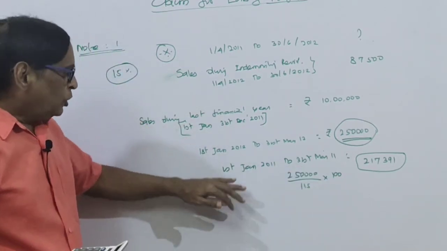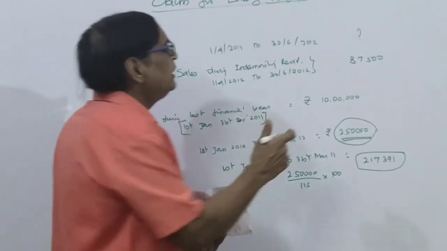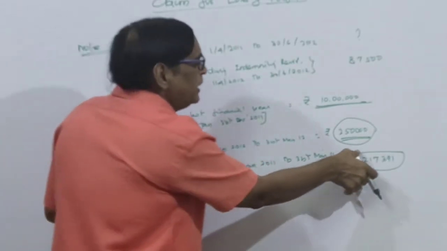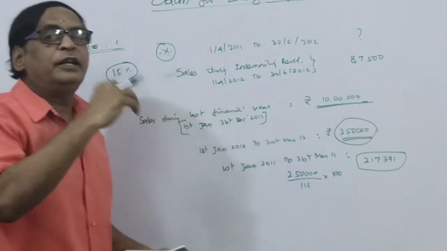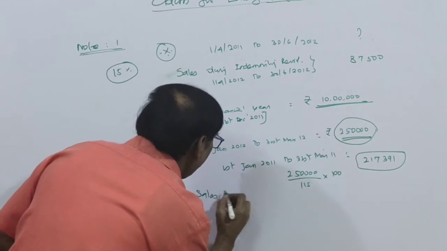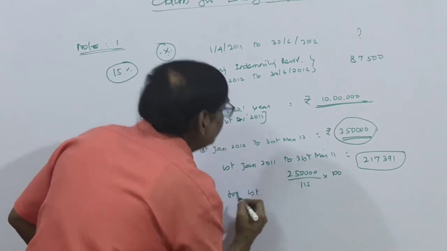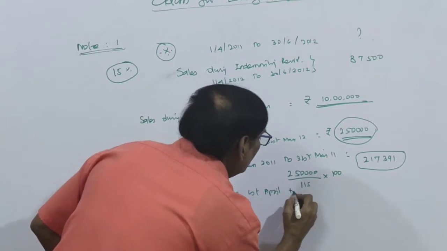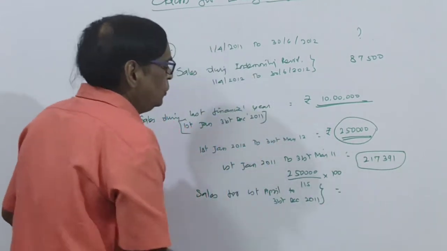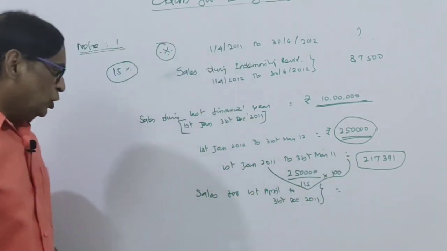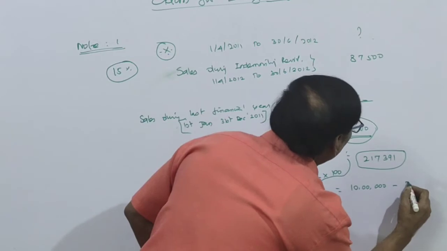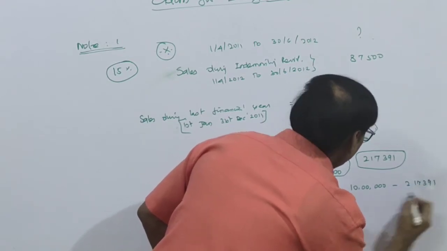But we already know the total sales of the last year is 10 lakhs rupees. Understand? So if we deduct these first 3 months, you can easily get the other 9 months sales. So the sales for 1st April to 31st December 2011 equal to how much? 10 lakhs minus 2,17,391.